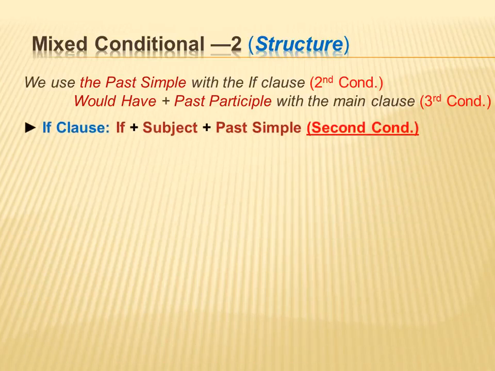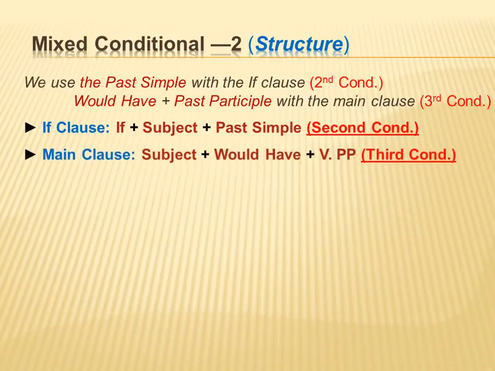In the if clause, we have to use if plus subject plus past simple in second conditional, and in the main clause we have to use subject plus would have plus verb past participle in third conditional, and we have to make it together to make one more conditional. We call it mixed conditional two.